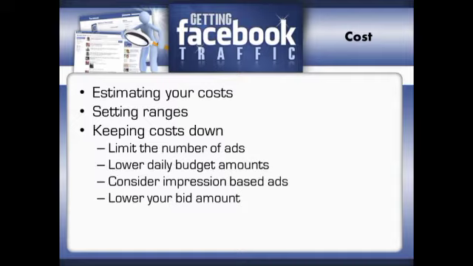A lot of times what you'll find is that you go in there with a bid amount and beat out everybody else, and you're up there in first place and you're spending a lot of money. And if you cut your bid in half, essentially spending half the amount on advertising, you can still show up. You might not get the top position, but you'll still be on the page, and a lot of times your click-throughs won't even go down.